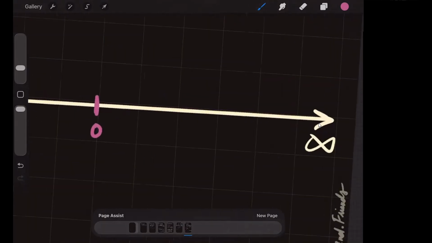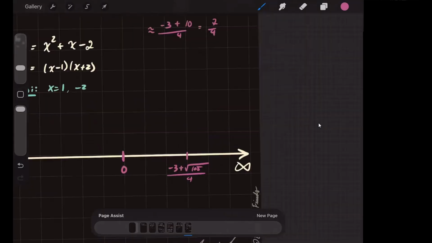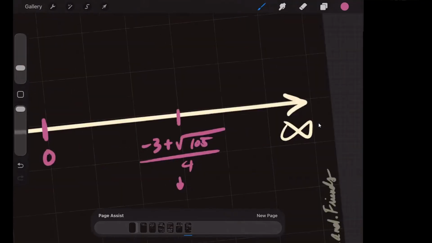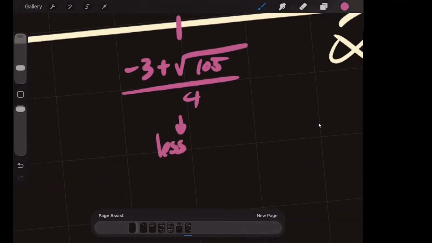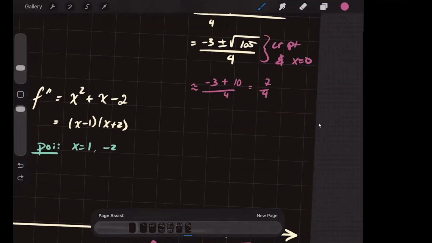Okay, so we're going to put this as negative 3 plus the square root of 105 over 4, which we know is going to be, sorry, a little bit less than 2. The less than 2 is important so we can do some approximations later, okay?